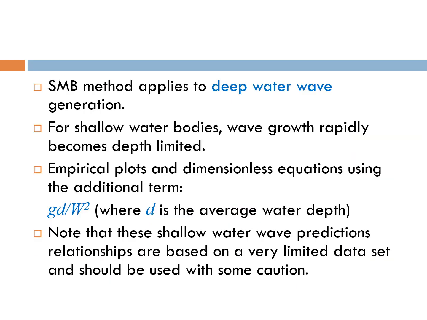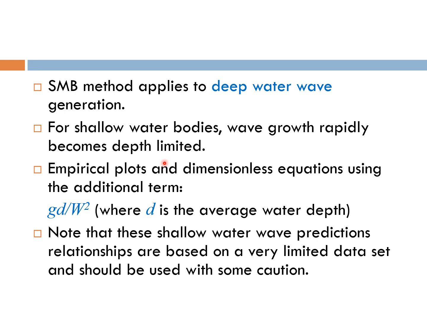To summarize, the SMB method is applicable to deep water wave generation. For shallow water waves, we need to take note that when the waves grow with the wind speed, the wind duration and the wind fetch, they can quickly become limited by the water depth.